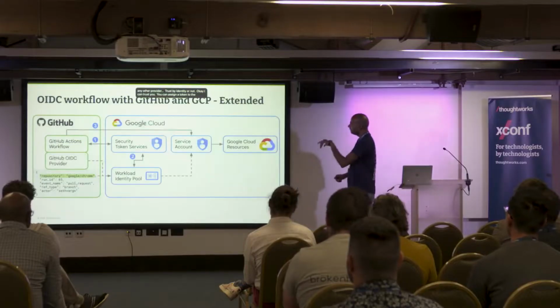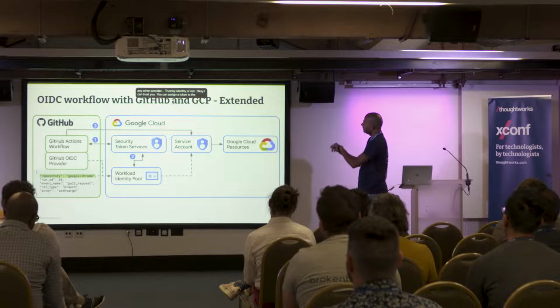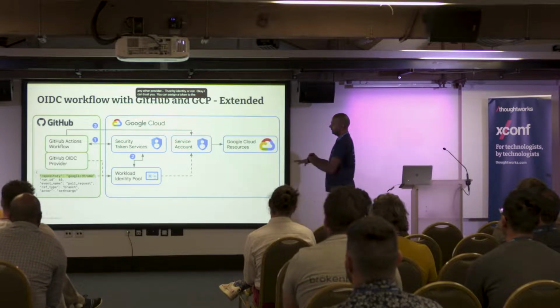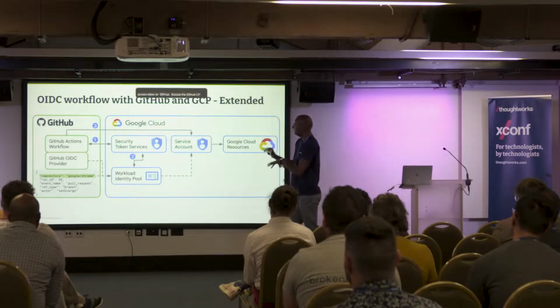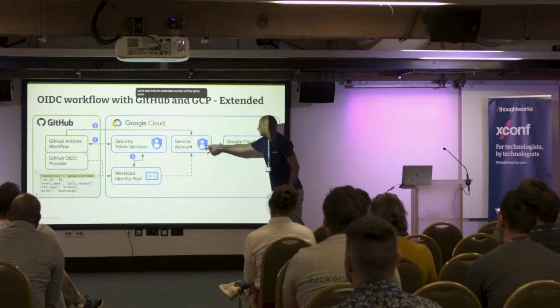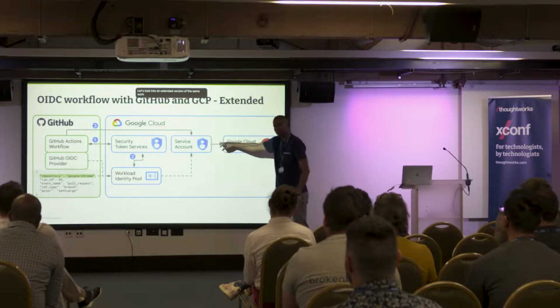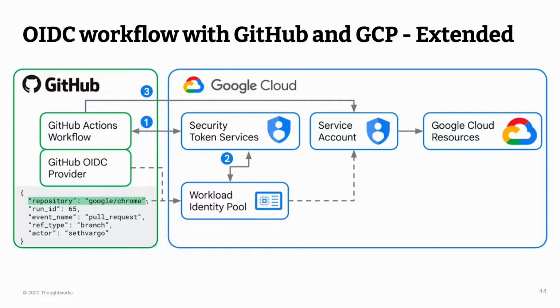Let's try to look into an extended version of the same workflow. It's pretty much the same. The only difference is that in this one, we have something called a service account. When you have the temporary access token from the past workflow, that access token can be used to impersonate a service account.